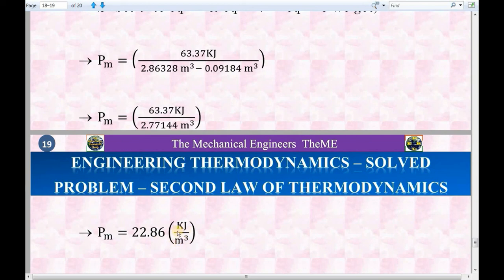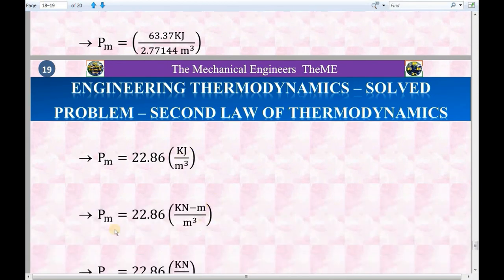So in this RHS, kilojoule is kilonewton meter. So the next step will be Pm is equal to 22.86 kilonewton meter divided by meter cube. So here kilonewton meter by meter cube is kilonewton per meter square, because meter divided by meter cube is 1 divided by meter square.